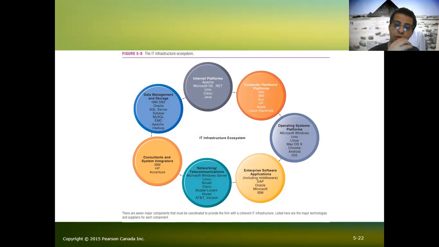And you have what you call the enterprise software applications, including the middleware like SAP, Oracle, Microsoft, different applications of IBM, which is all connected through the networking and telecommunication, like Microsoft Windows Server, Linux, Novell, Cisco, Alcatel, Nortel, AT&T, Verizon.